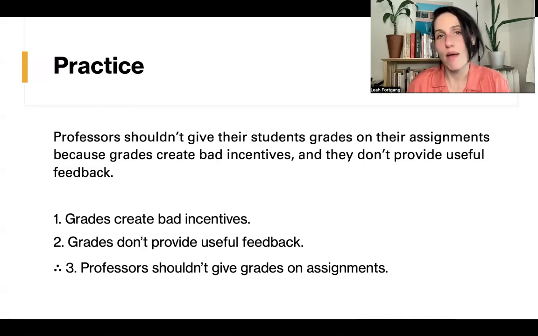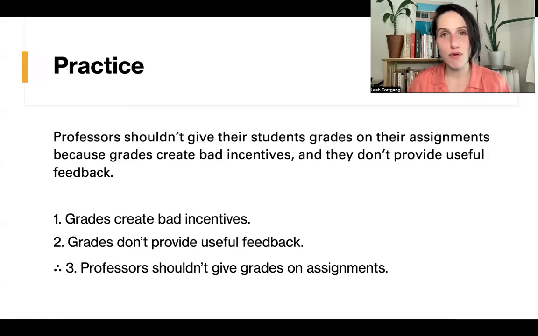All right, so we want to dig in. I bet a few of you are wondering, what makes it a bad incentive? How so, right? If students are just fighting to get that A, shouldn't that motivate them? Shouldn't it help them? Conversely, you might think, well, I can understand what this person is arguing for. If the student is only caring about getting a good grade, they're not going to be learning how to do the things that the professor is trying to teach them.